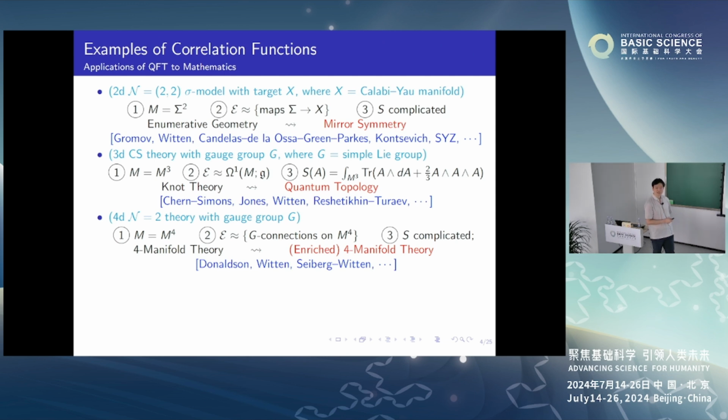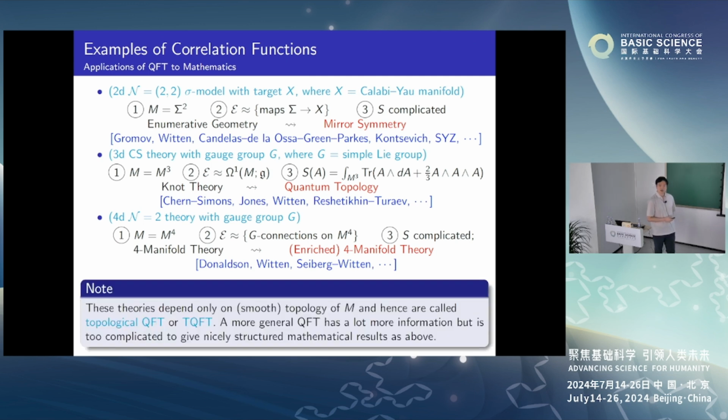It has actually enhanced these subjects. So part of enumerative geometry just becomes a part of Gromov-Witten theory, which is a new topic. Also, quantum topology was born out of such a thing, Chern-Simons theory. And also Seiberg-Witten theory has revolutionized smooth four-manifold theory. Such a thing is a well-known history by now.